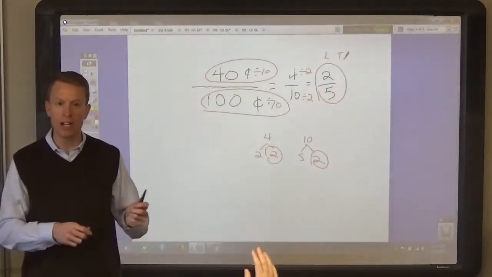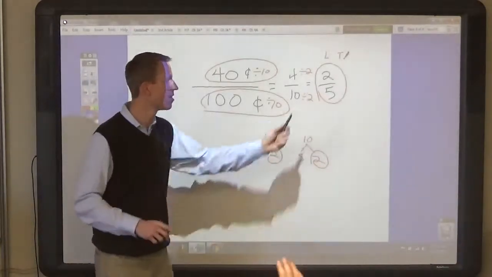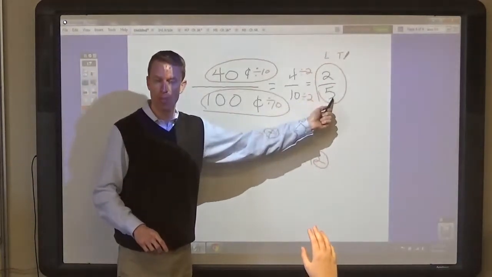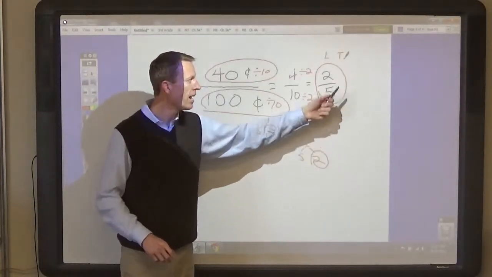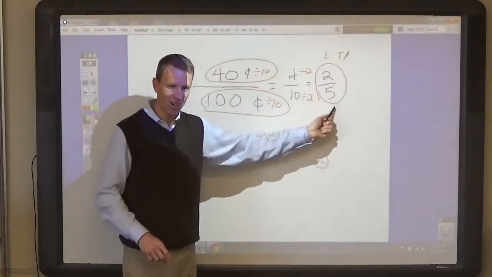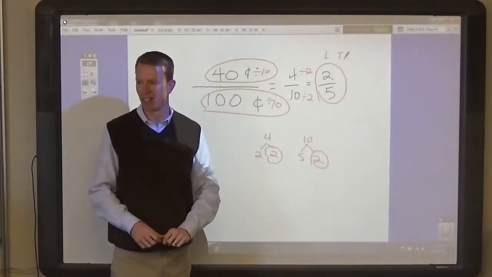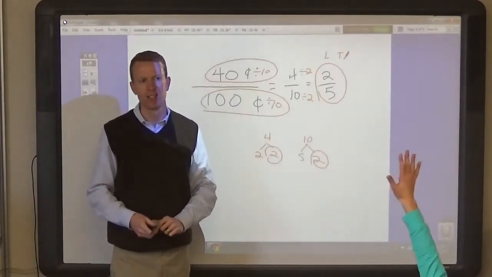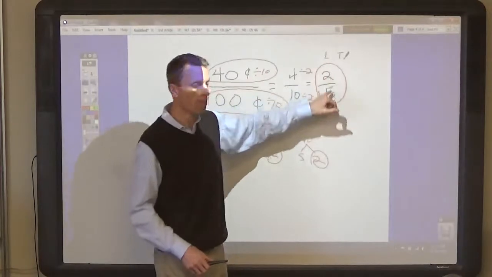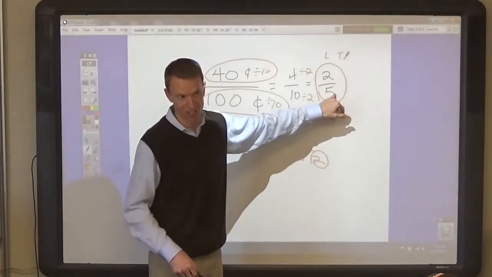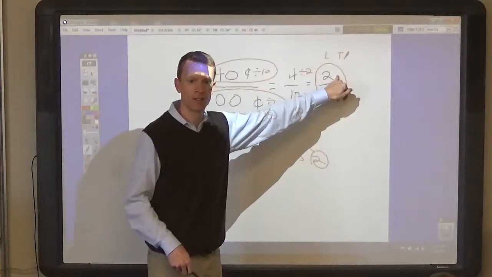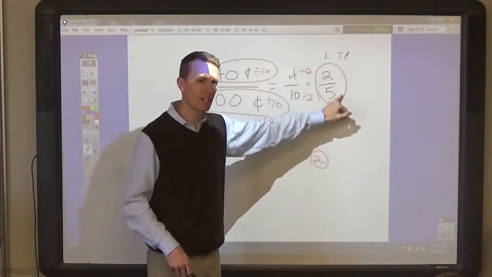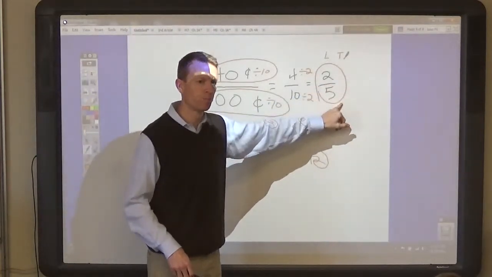We know that because they're both prime. And if both numbers are prime, we know we have lowest terms. If the top number is prime, then we have to make sure it does not go into the bottom number.